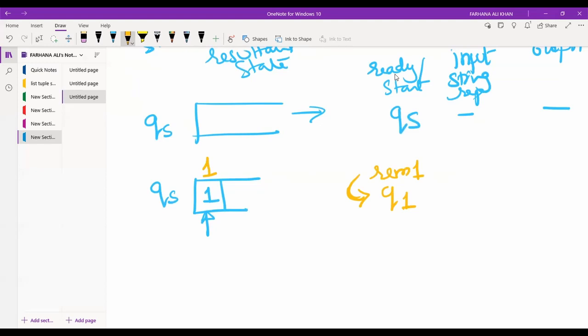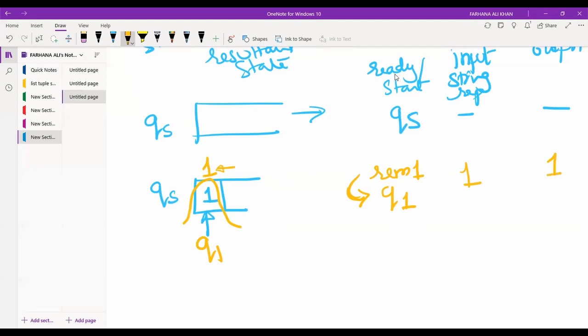So what will be the resultant state? Here we have to write down the resultant state. This is Q1. Q1 is the state which is going to represent input 1. So this is your input string represented by Q1, and what kind of output is generated? The output generated is remainder 1, that is 1.